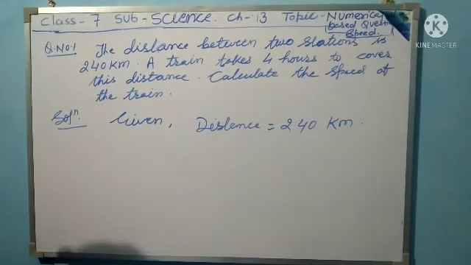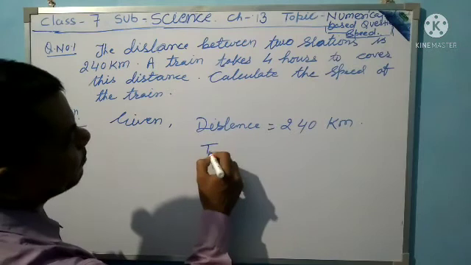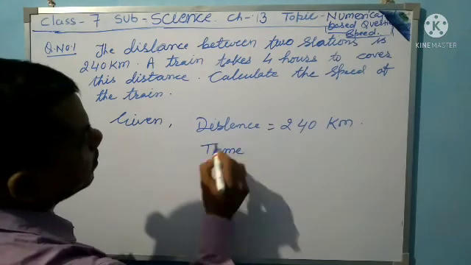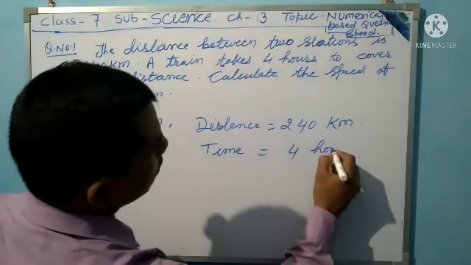A train takes 4 hours to cover the distance, so the time taken by the train is 4 hours.